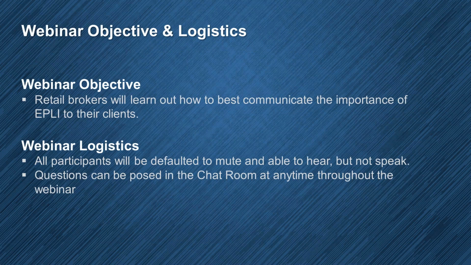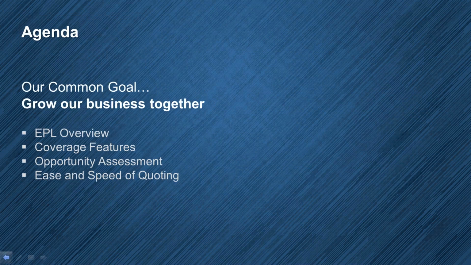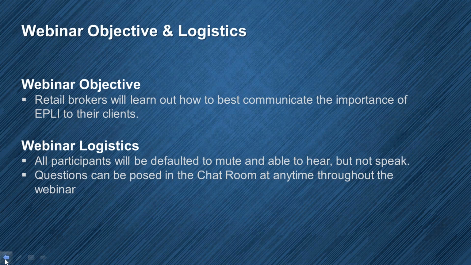So we always want to start out by having an objective. Even as a team, while we're on the phone, we'll come up with an objective of what we want to accomplish with the webinar we're going to be teaching. The same thing goes for you. Our objective is how you can best communicate the importance of EPLI to your clients.